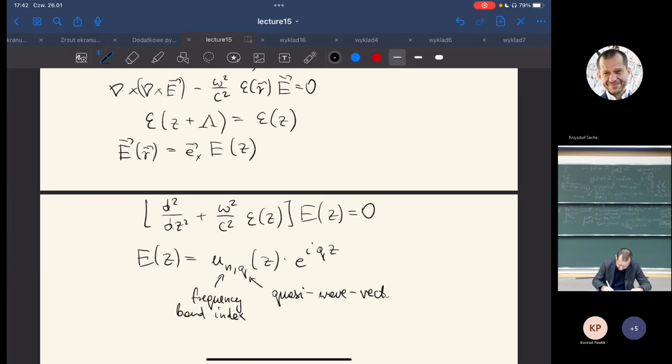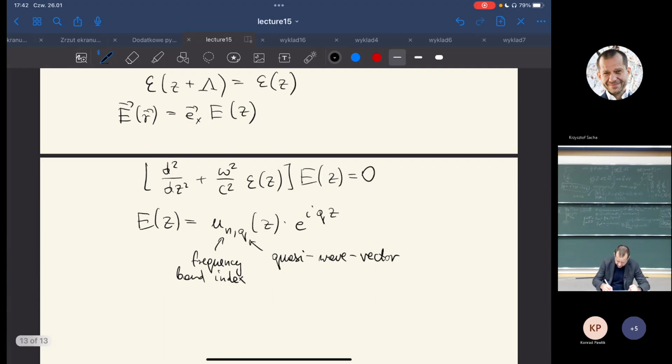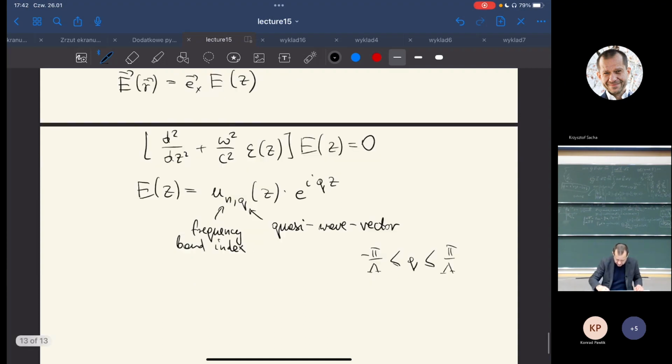And of course, as usually in the case of the Bloch theorem, we can define the Brillouin zone, which means that this quasi wave vector we can restrict to the following range of Q. Okay, so now let me show you an example of the solution of this equation.